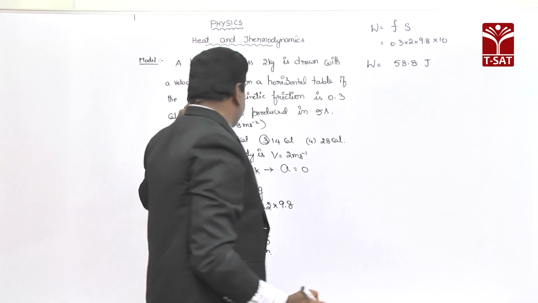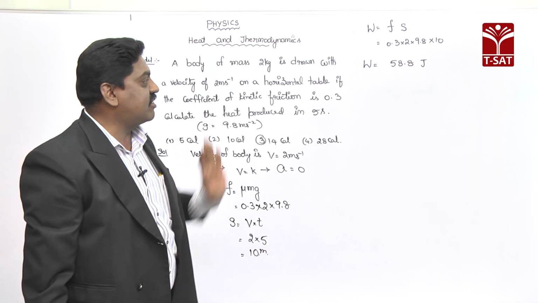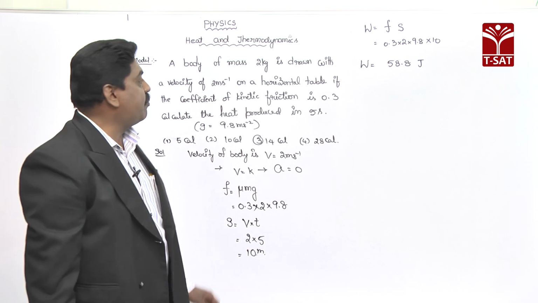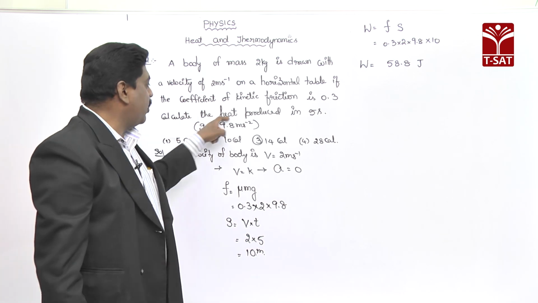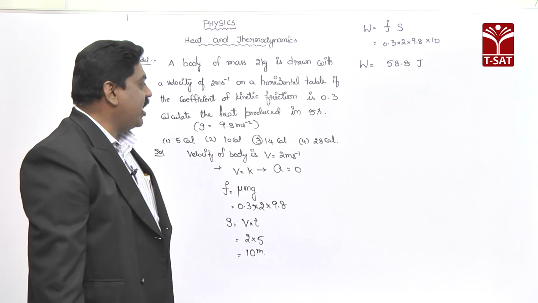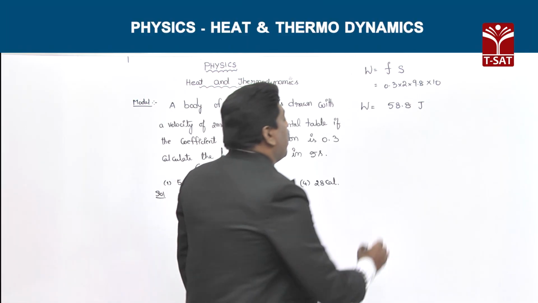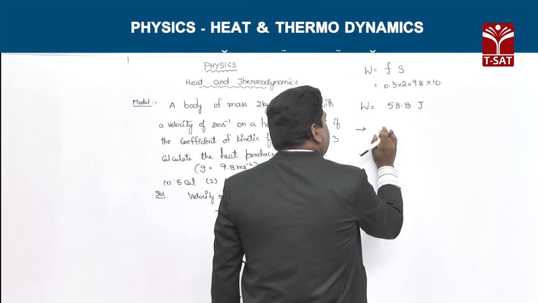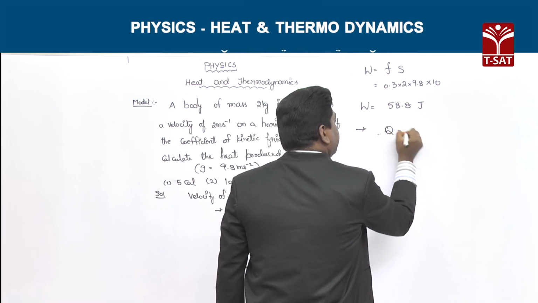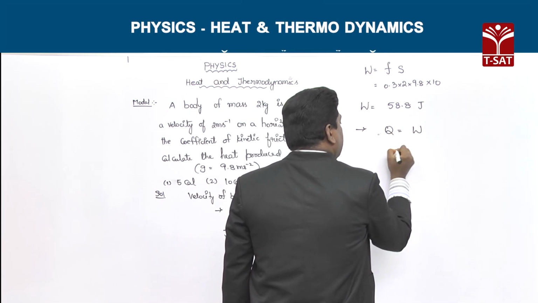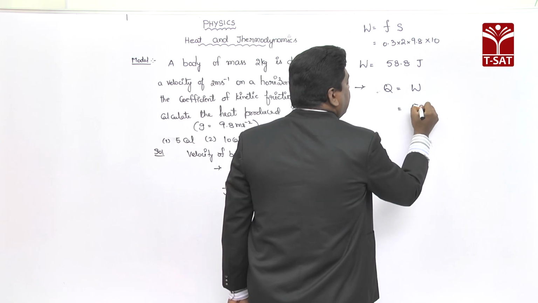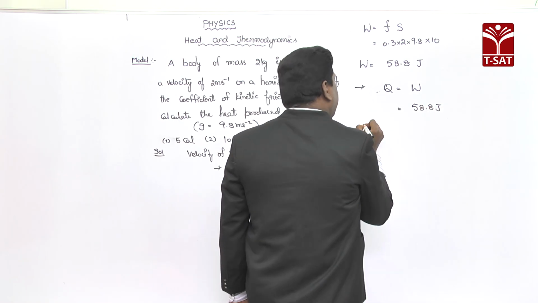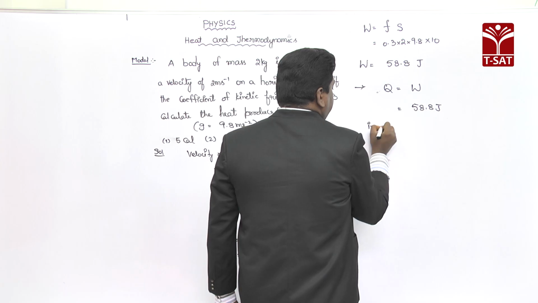All the given values are in SI system, therefore we are getting it as 58.8 joules. But what we require is the amount of heat produced. The amount of heat produced is given as Q is equals to W. So it is written as 58.8 joules in CGS system.